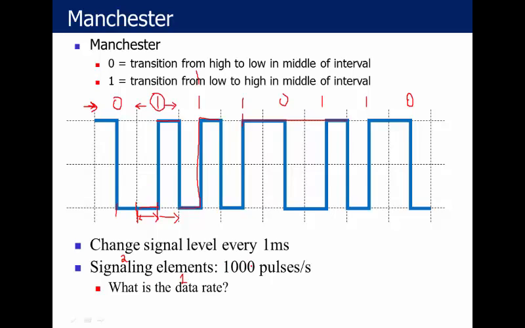So if you have 1000 pulses of signal, how many data can it hold? 500. So that's 500 what? Bits per second, at most.